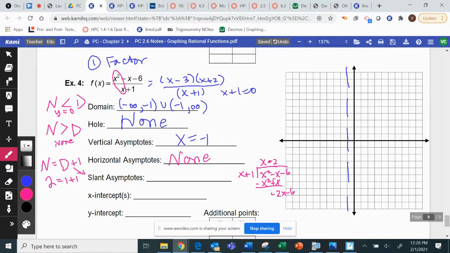And then that's as far as I need to go because the remainder doesn't matter. I just have to get to x minus 2. My slant is y equals x minus 2. So I'm going to go to negative 2, and I'm going to use my slope. And this is a slant.